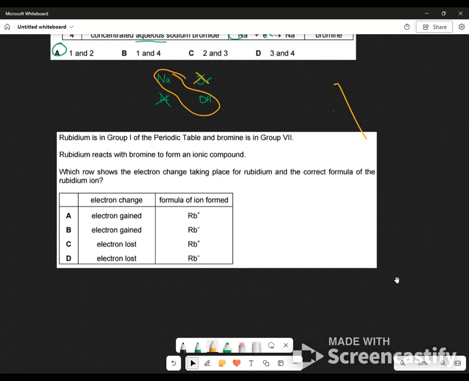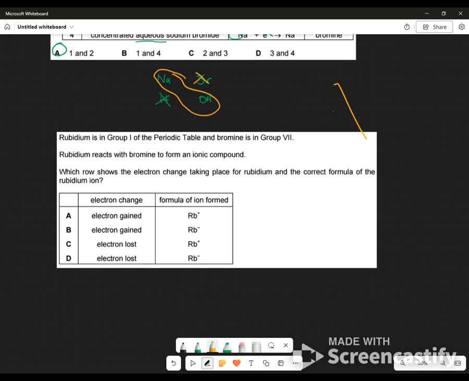Rubidium's in group 1. What's the answer here? Anyone here?